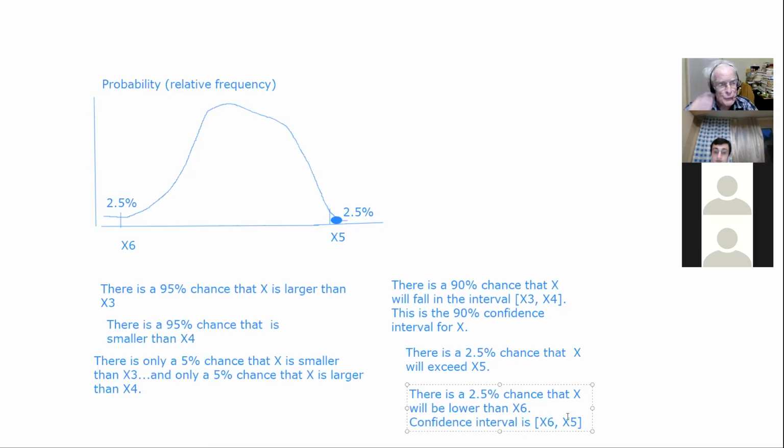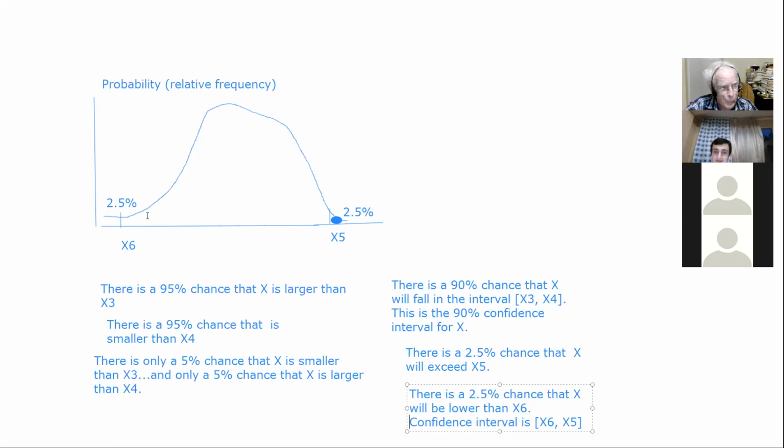Let's see, we say that there is only a 2.5% chance that x will be smaller than x6, and only a 2.5% chance that x is larger than x5.